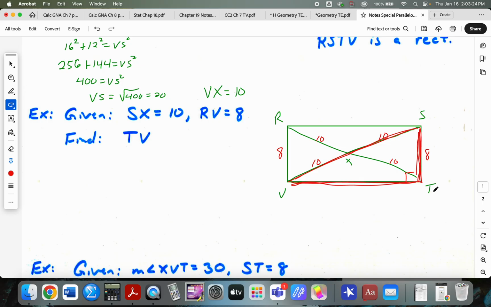It's a right triangle where I know two sides. I can use the Pythagorean theorem. 8 squared plus TV squared is equal to 20 squared. That's 64 plus TV squared is equal to 400. Subtracting, we have TV squared is 336. So TV is the square root of 336.